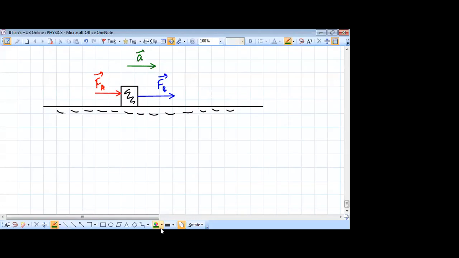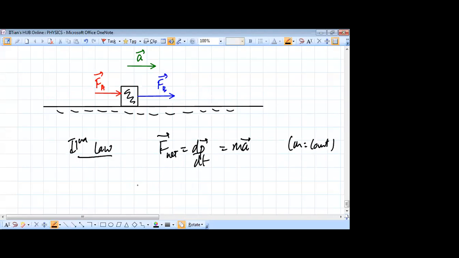When we write Newton's second law, net force is equal to rate of change of momentum. So here that becomes mass into acceleration, because mass is constant for the body. So the net force will be replaced with the vector sum of Fa plus Fb, which is equal to mass into acceleration.